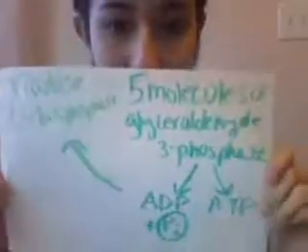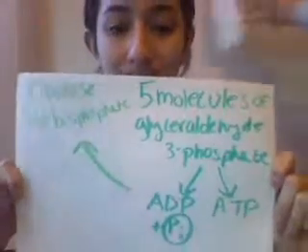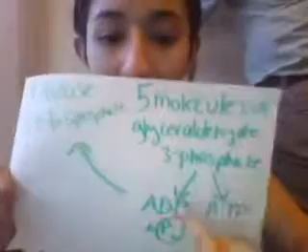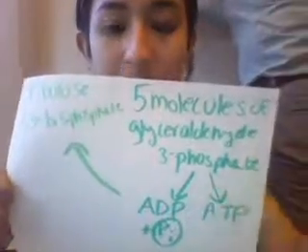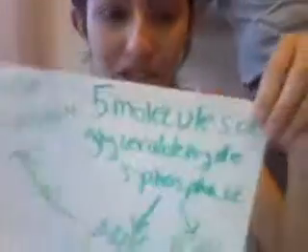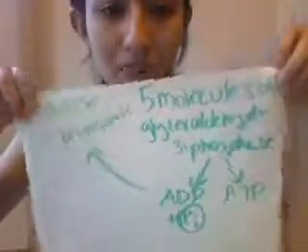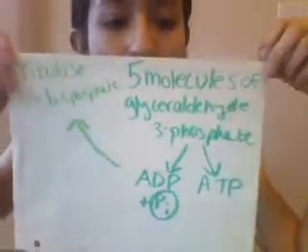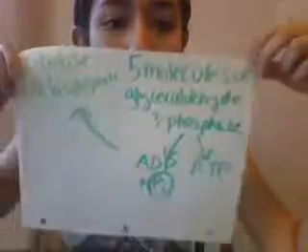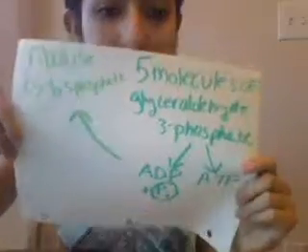Those 5 molecules of glyceraldehyde 3-phosphate, again, we have ATP and ADP, and it's going to help us with that cellular functioning. Our final product is going to be ribulose 1,5-bisphosphate.